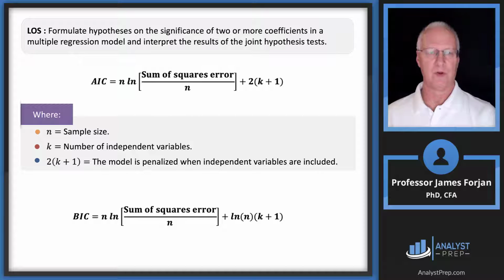So notice what we're doing in the AIC. We're adding 2 times k plus 1. And down here in the BIC, we're adding the natural log of n, which is probably going to be greater than 2 times the k plus 1. And so think of what's on the right-hand side of that bracket as a penalty, right? What are we trying to do? We know about R-square.